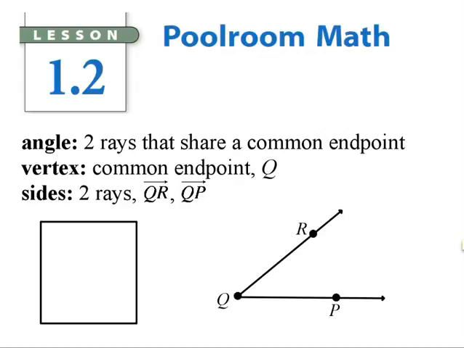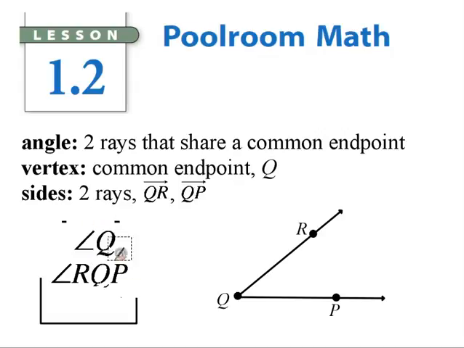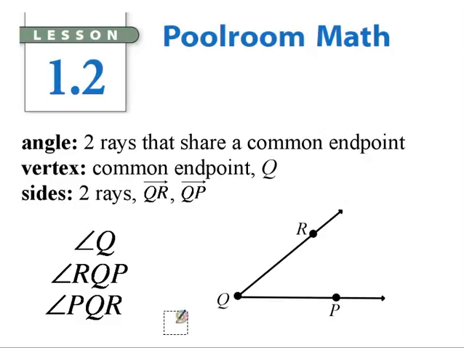So those are all figures that we've looked at before. Now what we're going to do is name this angle, because this angle can be named like a segment can, a line can. You can see there we use a little symbol for an angle. It's kind of like a sideways L. And so we can call this angle Q, which is named by the vertex. Now there will be some times when you can't name an angle Q. It's when the Q is shared by multiple angles. But in this angle, you can name this angle Q, so by the vertex.